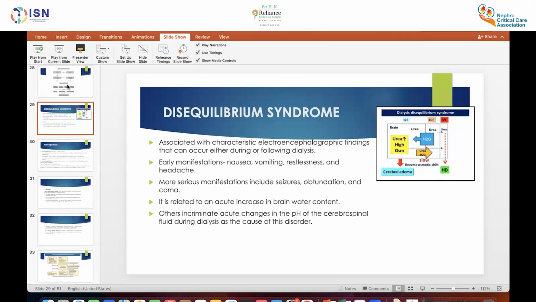Urea is a molecule which is an osmotically active substance, correct? That's why we keep urea in the plasma osmolality calculation.